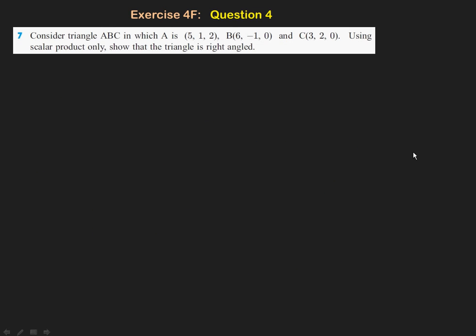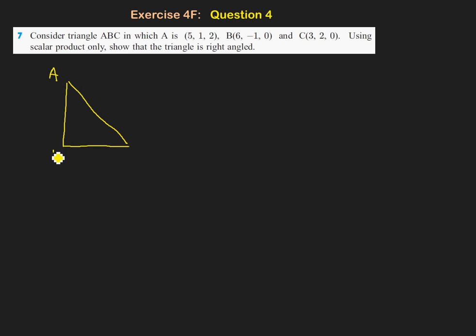Let's look at one more problem in this second part of this section 4F. Now consider a triangle ABC, question 7, given the coordinates. Using scalar product only, show that the triangle is right angled. I'm not going to finish doing this, but I'm giving you some hints.